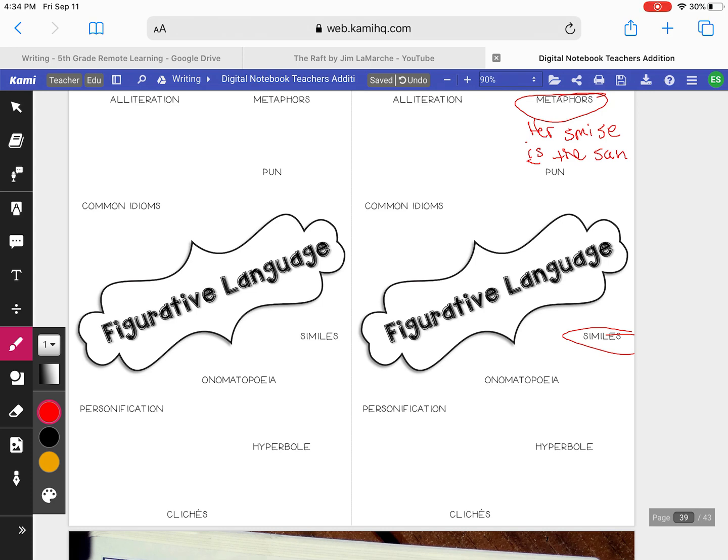Her smile is not technically the sun, but what it means is that her smile is really bright and happy, so the author is saying it is the sun.